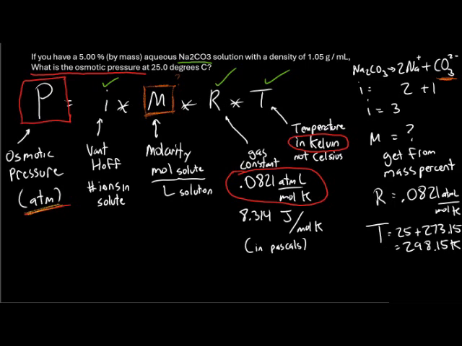If we look on the right side of the equation, the only thing we don't know is molarity. And so our first step is going to be to get molarity. After we get the molarity, we'll have as many letters as we need to get the pressure. Let's remind ourselves once again that molarity is moles of solute divided by liters of solution.